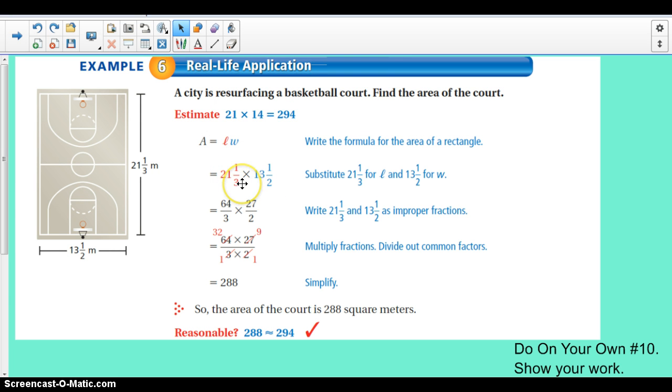You're taking these mixed numbers, converting them into improper fractions, meaning that the higher number's on top. Cross factors, make them in their simplest forms, and you get 288. Again, they estimated the answer based on the fractions that were there, and then they checked to see if it was reasonable.